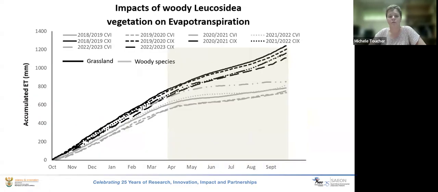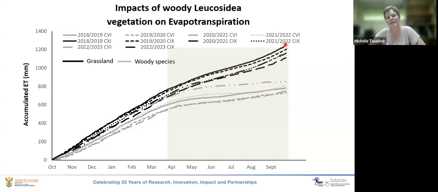So to look at it in a different way, as an accumulation over time, again, my apologies, the colors are the wrong way around. For the grassland species, as soon as you enter the winter months, the gray levels off, and that is a drop in the ET from the grassland.